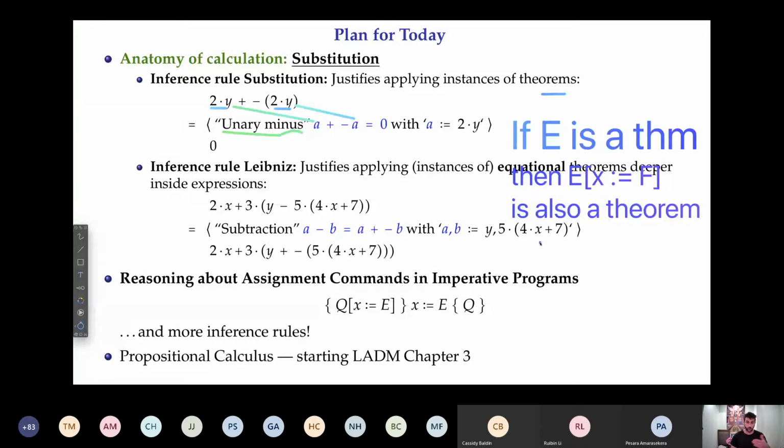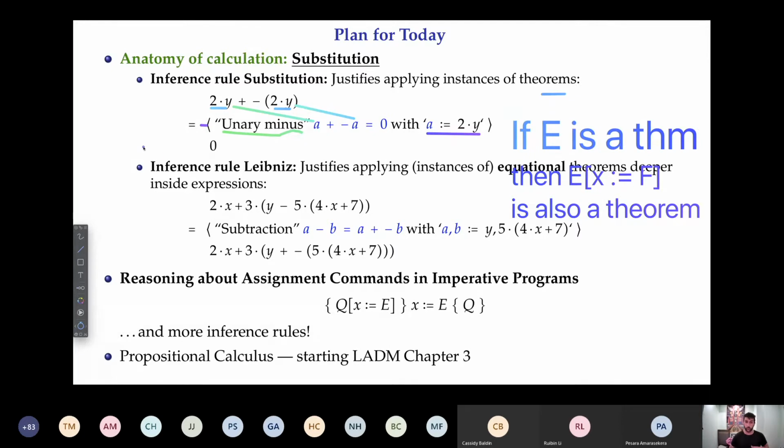So if you ever have a theorem and it has some variables, you can substitute. That's what the substitution rule says. And so for unary minus, we make a substitution that a becomes 2 times y. Now we have this new theorem, which is 2 times y plus minus 2 times y equals 0, and we can use that as the hint. So that's what substitution is about.